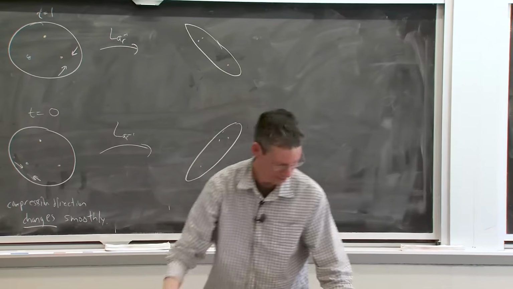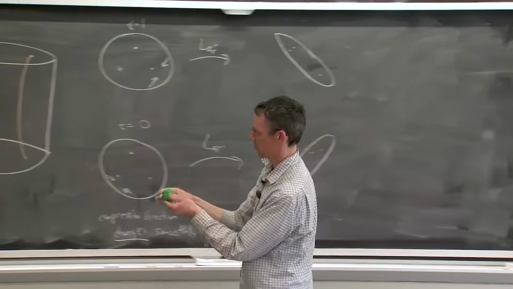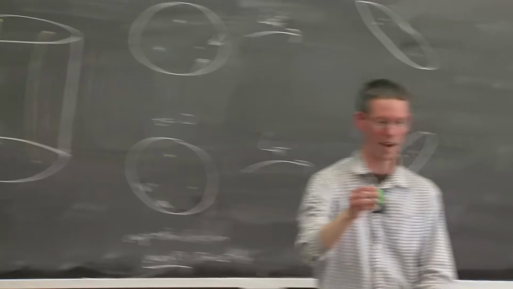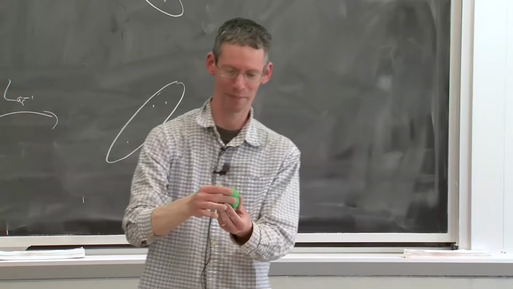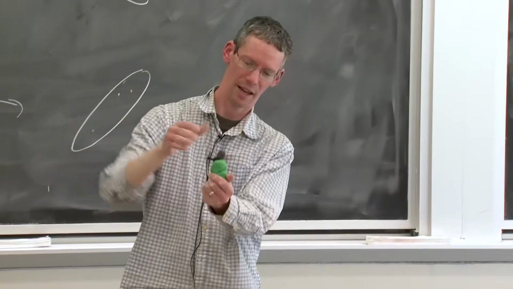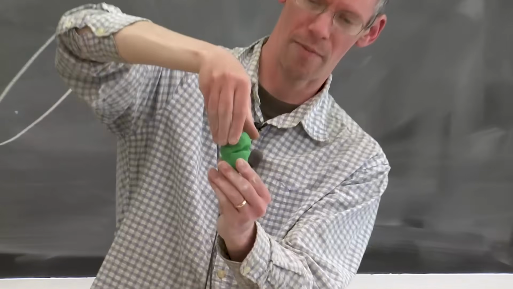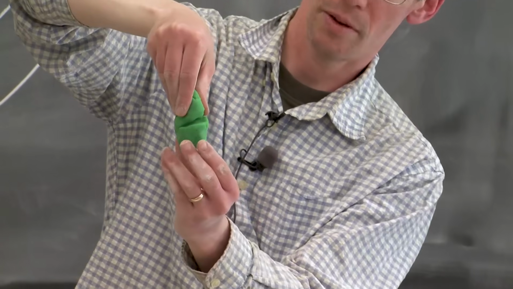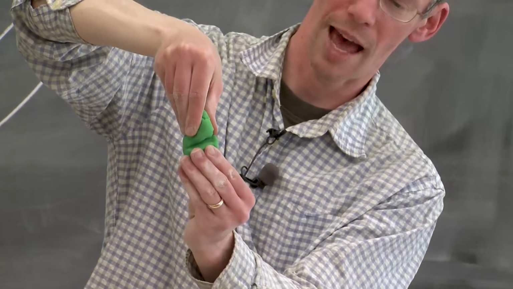Or if this piece of Play-Doh is this cylinder here, what's going to happen to it when we apply the map? Well, it's going to get taller, and it's going to get squished. And maybe the top will get squished sort of that way, but the bottom will get squished sort of that way.